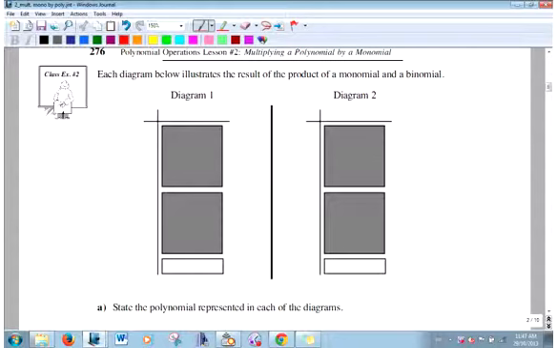Now, what are we doing? We're giving you the area, and we're saying, what's the length and what's the width? Okay, we're giving you the product. You got to find out, okay, what are we multiplying to get this? Well, again, what looks like it fits here?